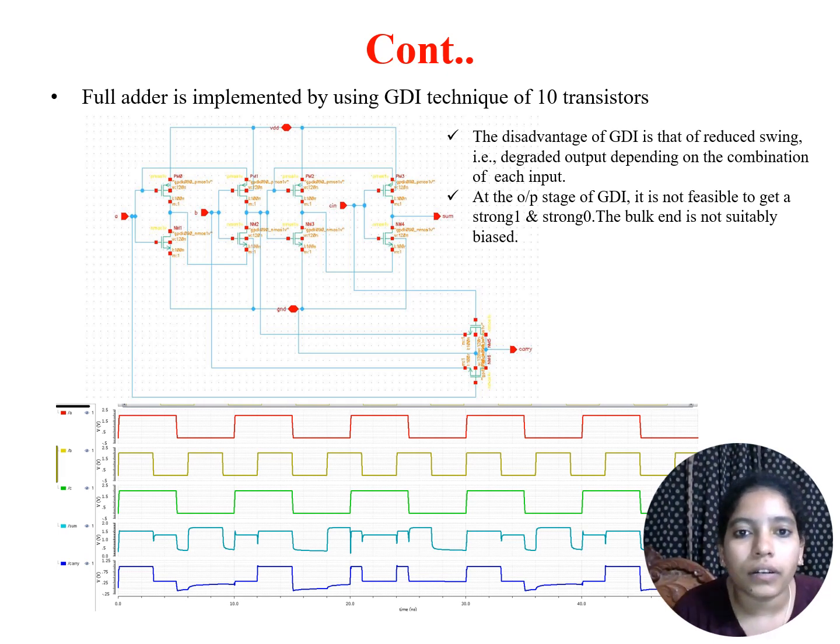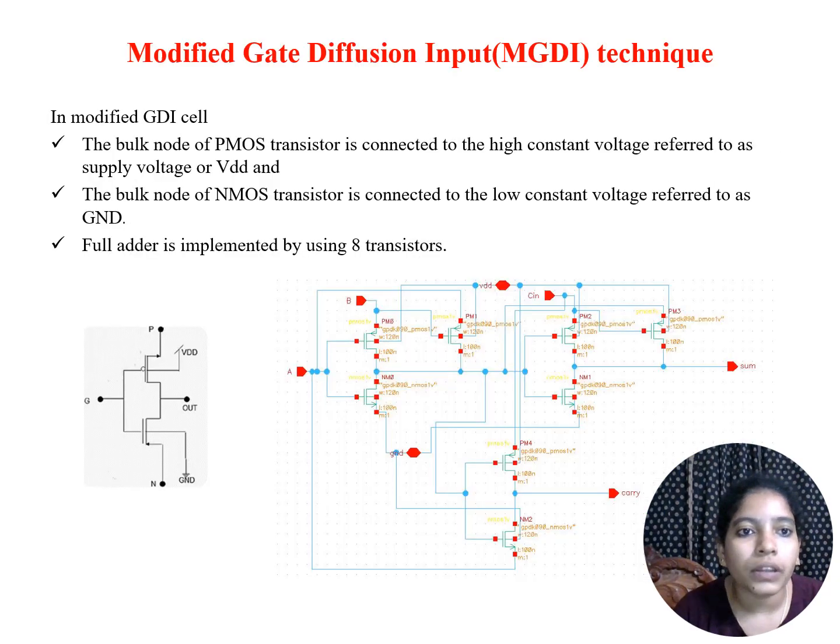One is the degraded output, and the second is that the bulk is not properly biased in GDI, so that at the output stage it is not feasible to get a strong 1 and strong 0 as outputs. So we move to the modified GDI technique.